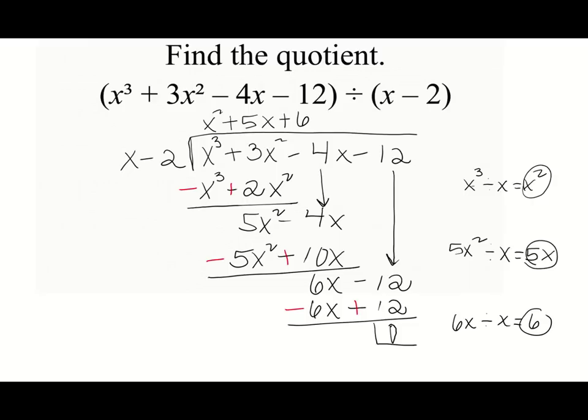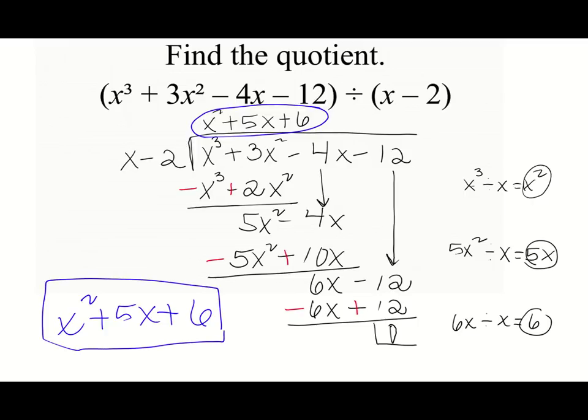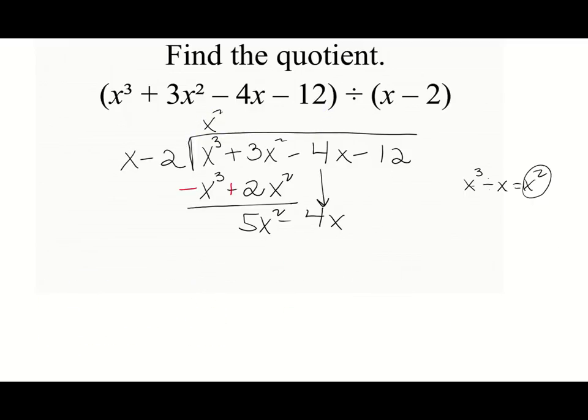There's nothing left. So my answer is my quotient up on top. When I divide my two polynomials, my final answer is x squared plus 5x plus 6. And I don't have any remainder, so I don't have to worry about adding that on.